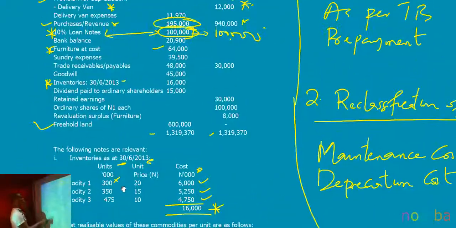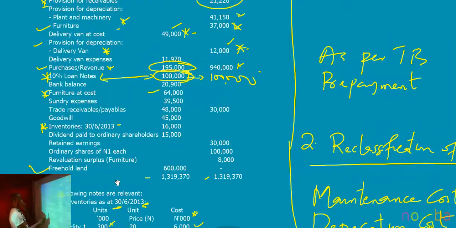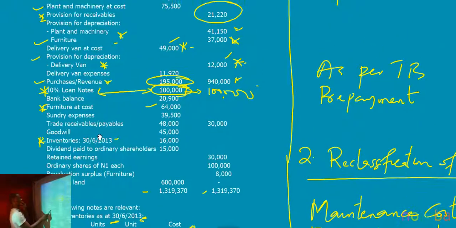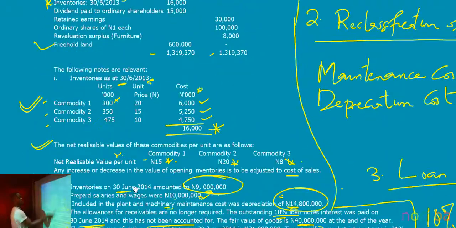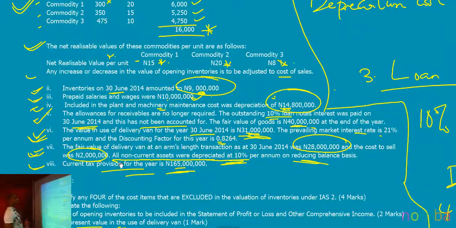But if you look at this very closely, you will see that we don't have any of the two. So since we don't have either of the two, then we now have to deduct our closing inventory. And what is my closing inventory? My closing inventory is given to me in the additional notes. That is where you always find your closing inventory.